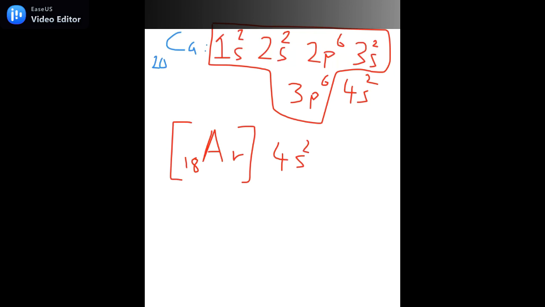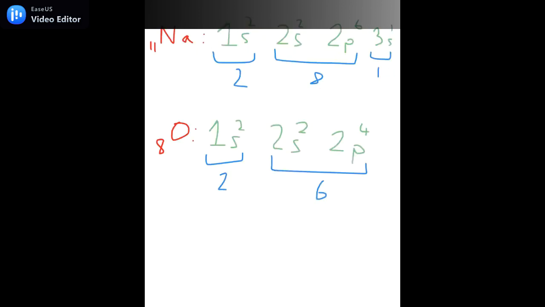Similarly, if we had sodium, in sodium, the first 3 subshells have 10 electrons. 10 electrons are contained in neon. So this can be replaced by neon. We can write it as Ne, 10, make the square bracket, and then the rest, that is 3s1.